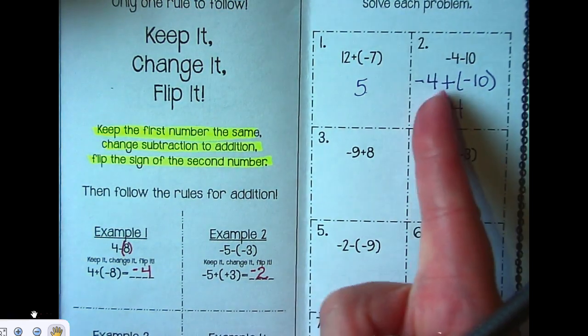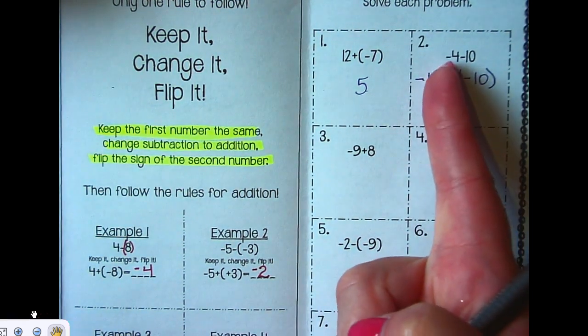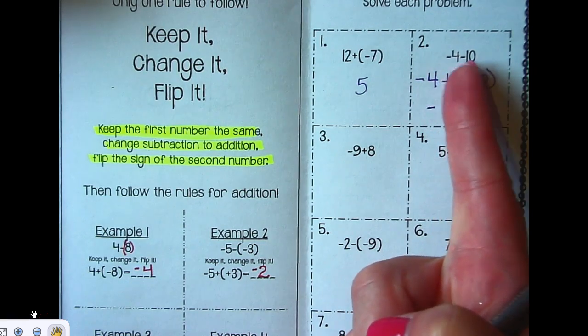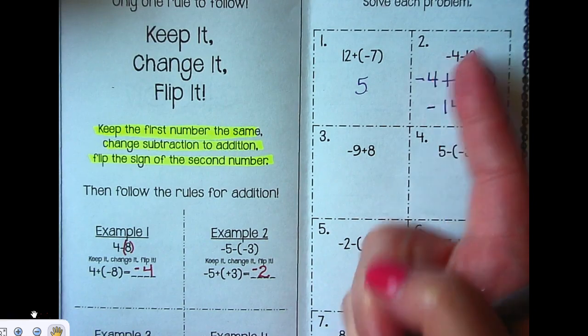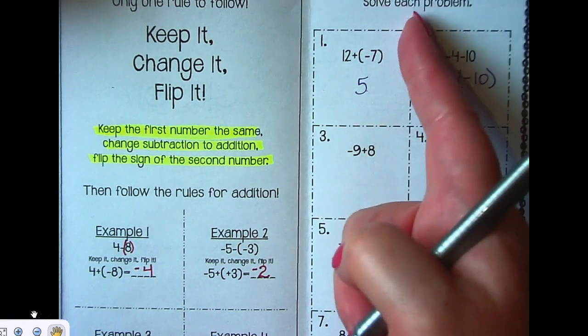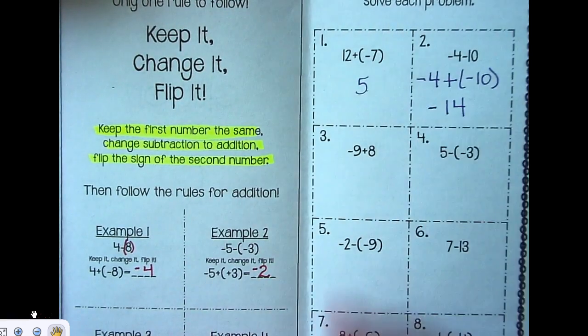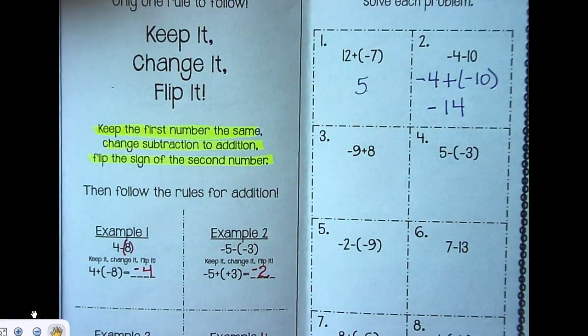You could also think of this as I'm at negative 4 and I'm going to go 10 more in the negative direction. So if you're thinking on a number line, you're at negative 4 and you want to go 10 more in the negative direction, you're going to go that way and get smaller on the number line. So it's negative 14.